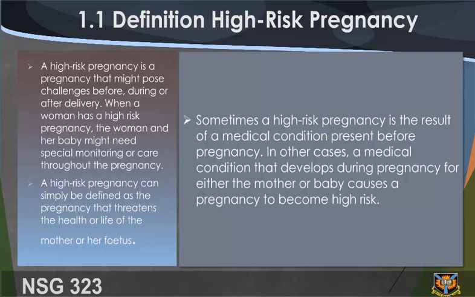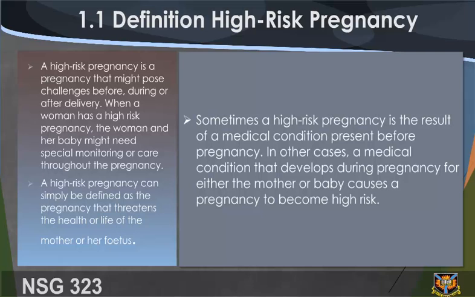1.1 Definition of high-risk pregnancy. A high-risk pregnancy is a pregnancy that might pose challenges before, during, or after delivery. When a woman has a high-risk pregnancy, the woman and her baby might need special monitoring or care throughout the pregnancy.